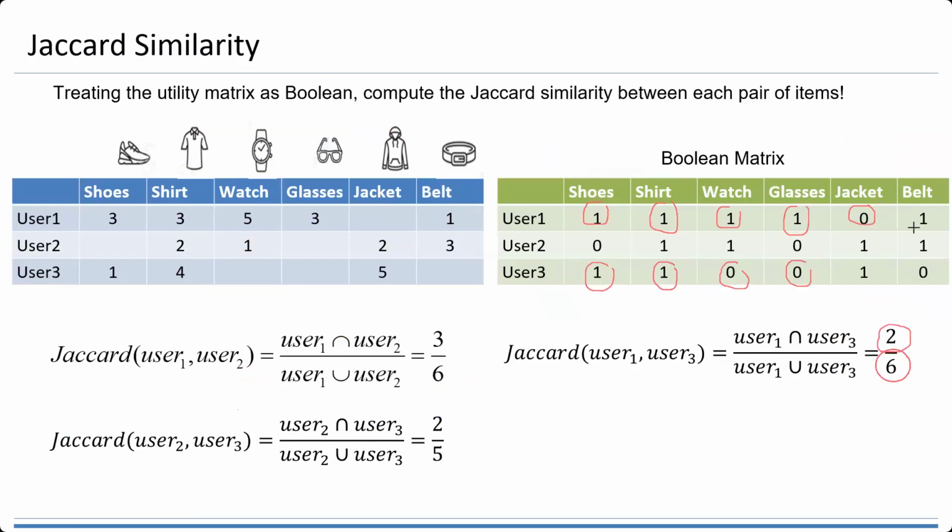Only one of them. And only one of them. So two of them share the same items. Among six items that at least one of them has. Okay. So this is how to measure the Jaccard similarity.